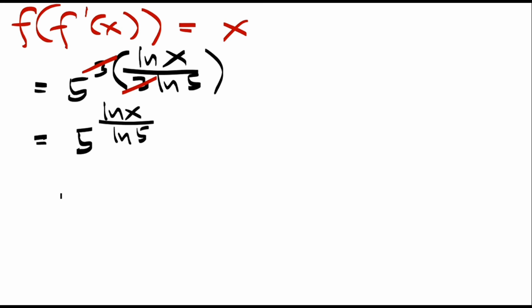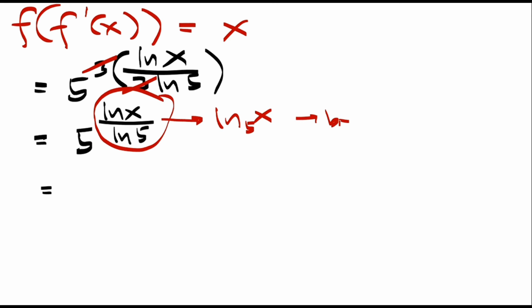So let us see. Take note of this expression. Remember in our change of base formula, by change of base formula, we can rewrite this as ln of x to the base 5. So this is by change of base formula.